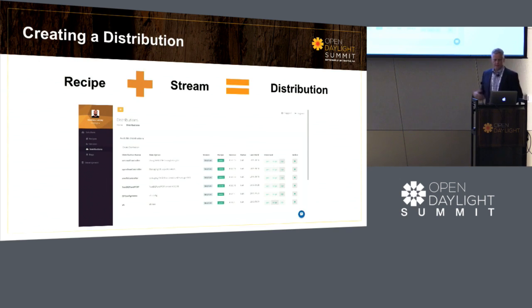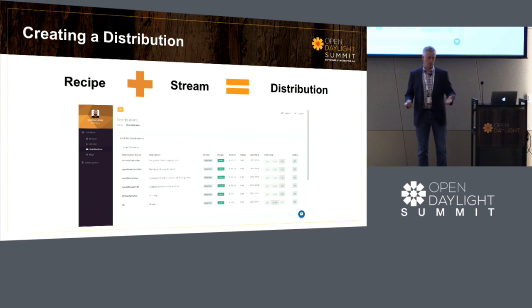And what that ends up becoming is a distribution. We like to say that a recipe plus a stream equals a distribution. That is where you can create and download those different distributions based on the recipe. And the distribution becomes what we call an ODL instance.